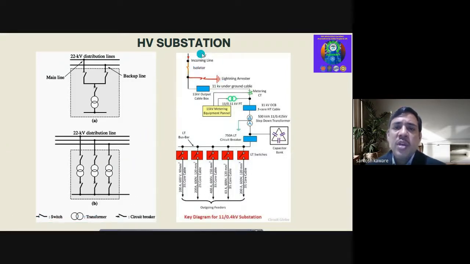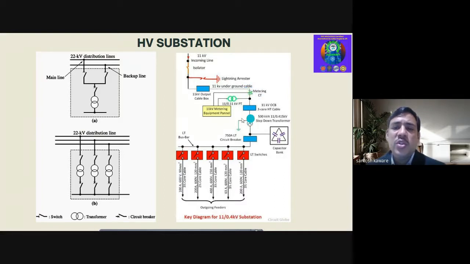Another example: if you have a high voltage 11 kV incomer line, then you have an isolator. This is a lightning arrestor, because a lightning arrestor is important at the start of the line to protect it from lightning damage. Then you might have a direct transmission line, or you can use a cable also, an underground cable. That can also be used.